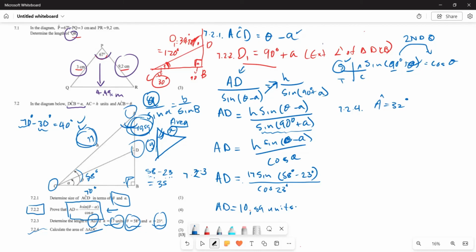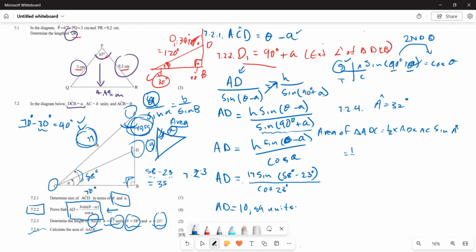So now you're going to say, my area, the area of triangle ADC, is going to be given, and remember the area formula, half multiplied by AD multiplied by AC, sine of angle A that we've just recently calculated.